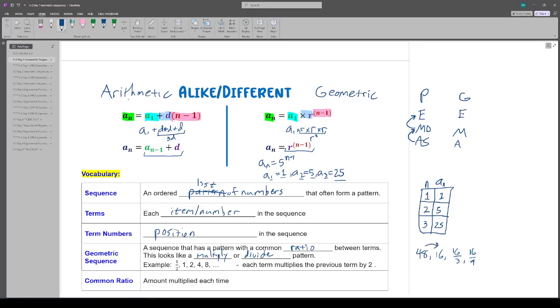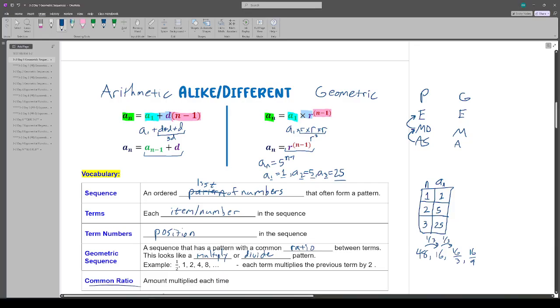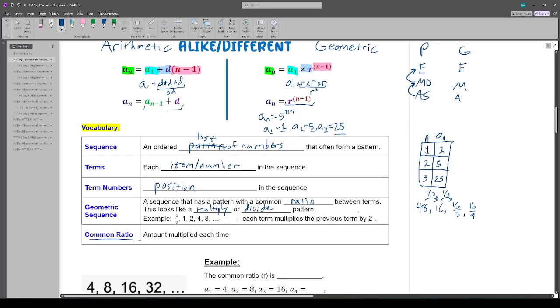So instead of divide by 3, we would say the common ratio is 1/3. That's what I'm multiplying by to go from step to step. The common ratio is the amount we're multiplying by. So in the first example, it was 2, and in the one I wrote, it was 1/3.